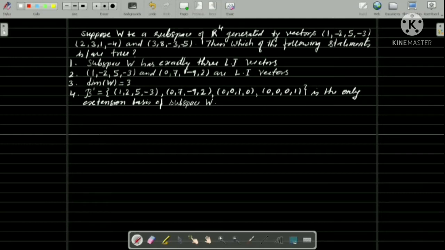Let us see the solution. First of all, we write the given vectors in the matrix form. So we write the given vectors row-wise.